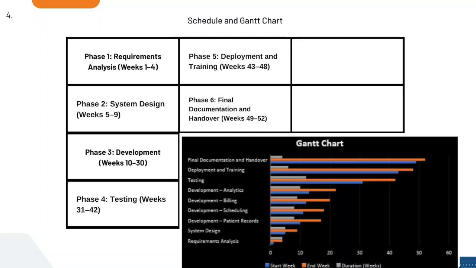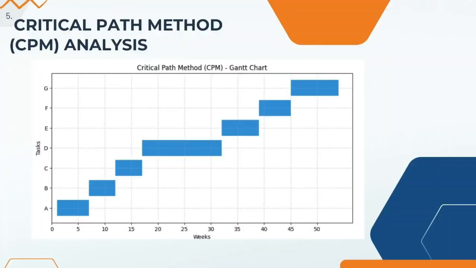We are using Microsoft Project to monitor progress and address any delays early. And then we're going to talk about the CPA, critical path analysis. The critical path identifies the longest sequence of tasks that determine our project's minimum duration.